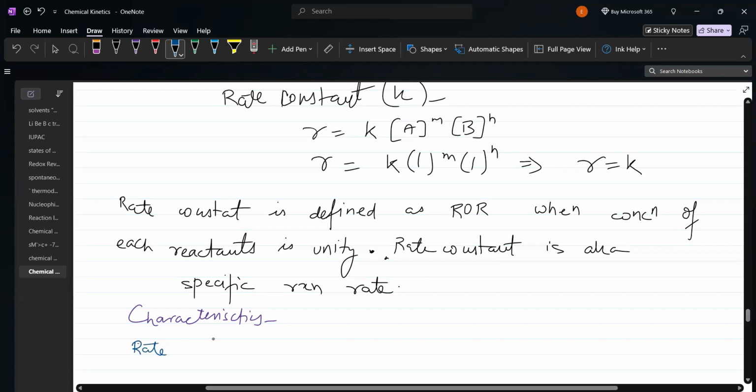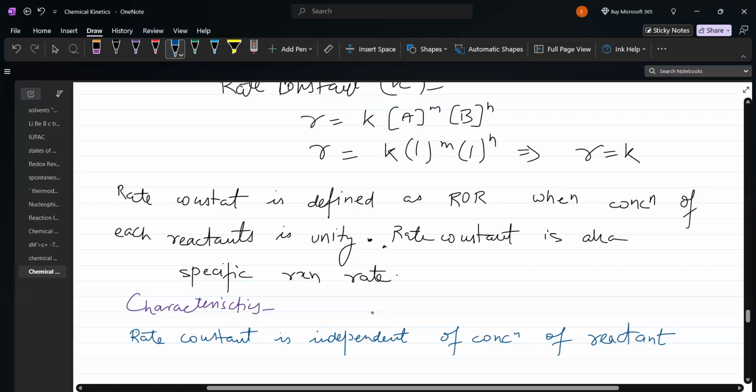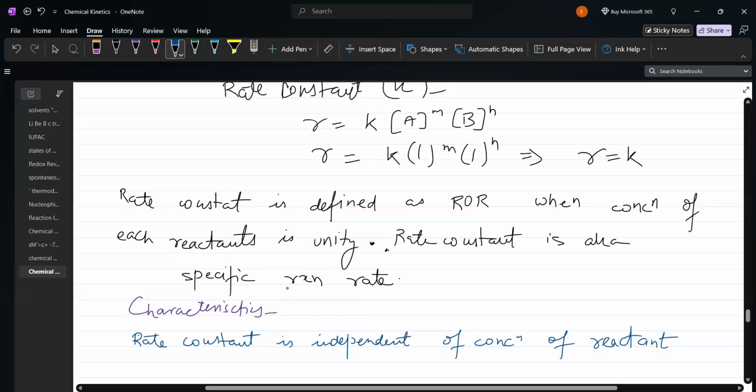Rate constant is independent of the concentration of reactant. It doesn't matter what the concentration of reactant is. Rate constant is independent of it.